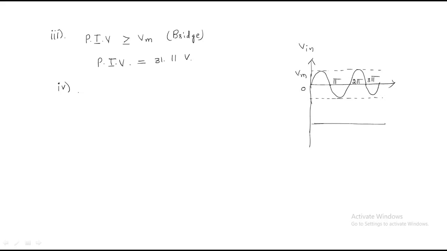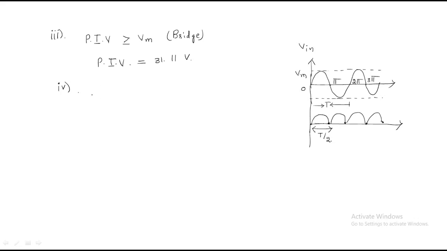What is the output? This is a full wave rectifier, so we have one pulse, and the second pulse is also positive, the third pulse also positive, like that. Take the input time period as T; the output time period will be divided, T by 2.